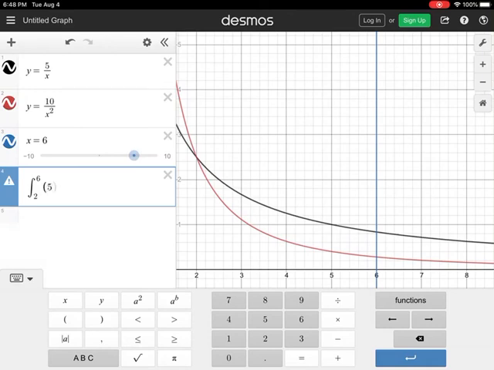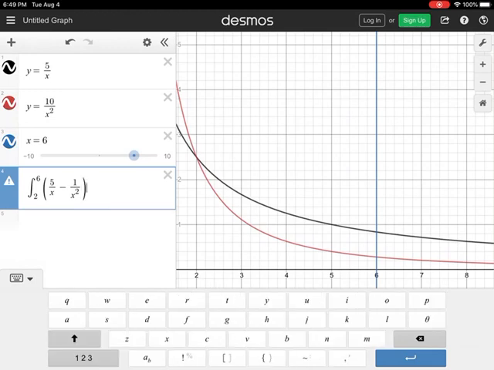So we have 5 divided by x minus 10 divided by x squared, dx. Don't forget the dx. So we get 5.15.